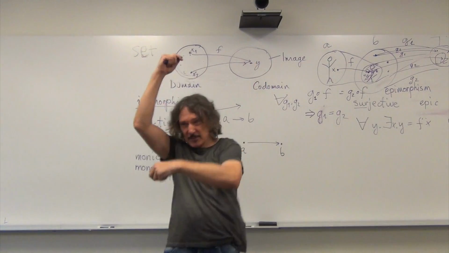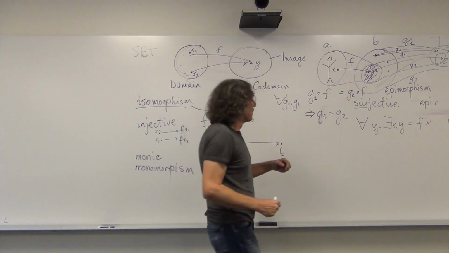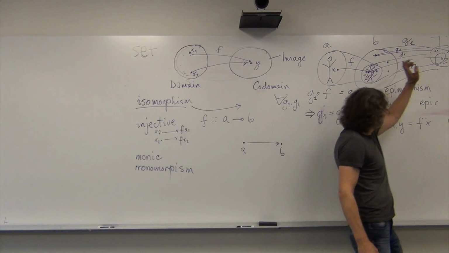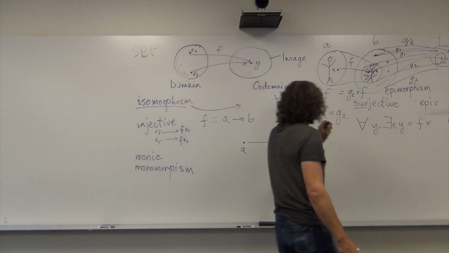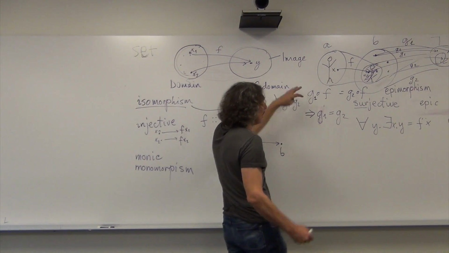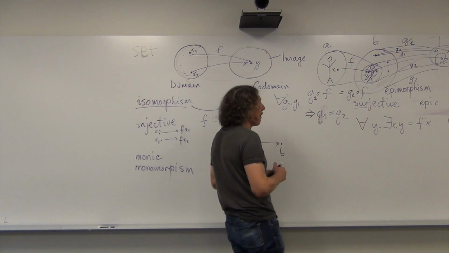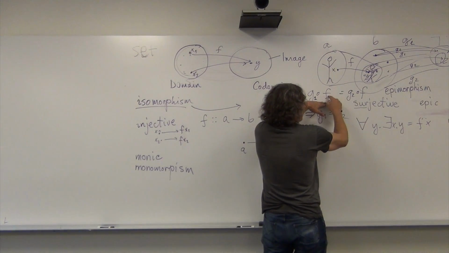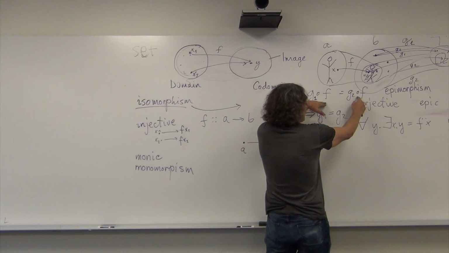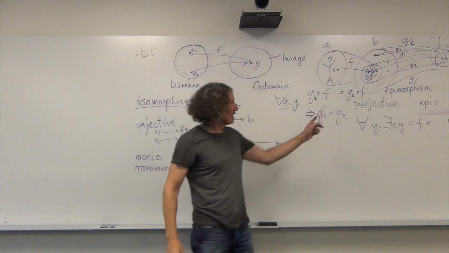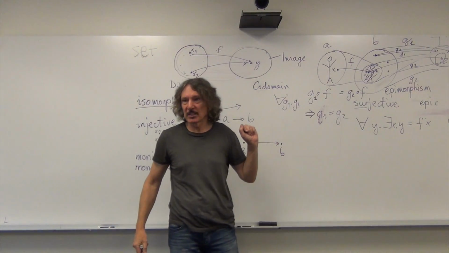I'm just reversing the logic. If for any object C and any pair of functions, g1 and g2, from B to C, if g1 after f is the same as g2 after f, then g1 must be equal to g2. If this is true, then the function is surjective.